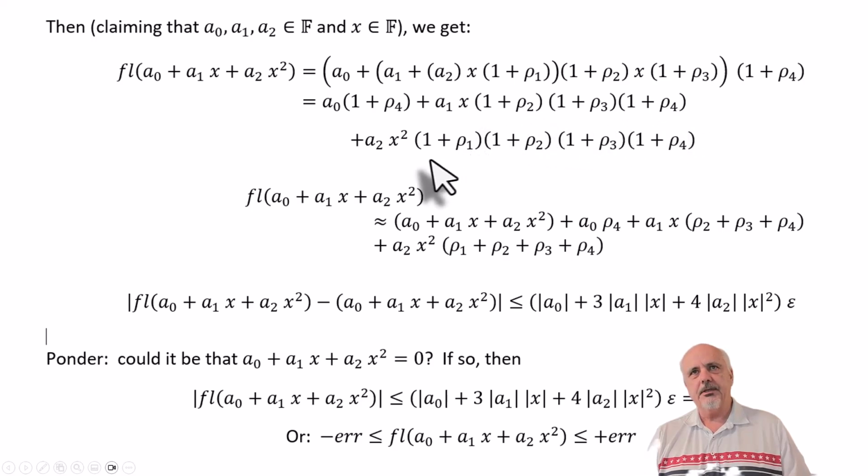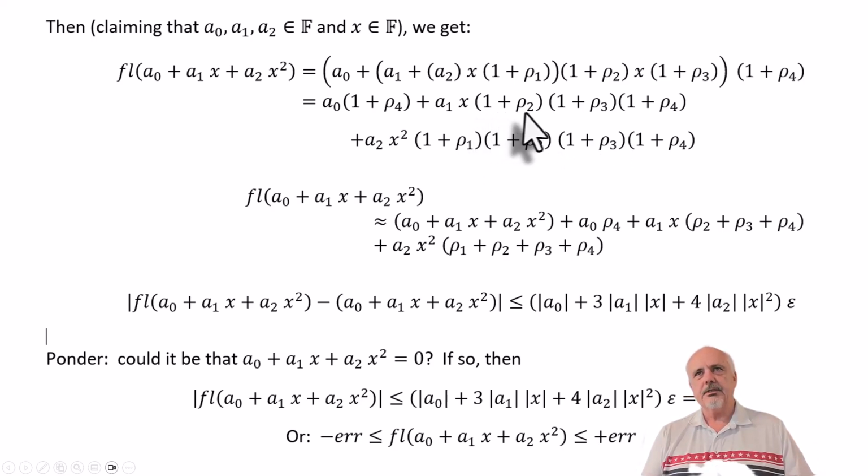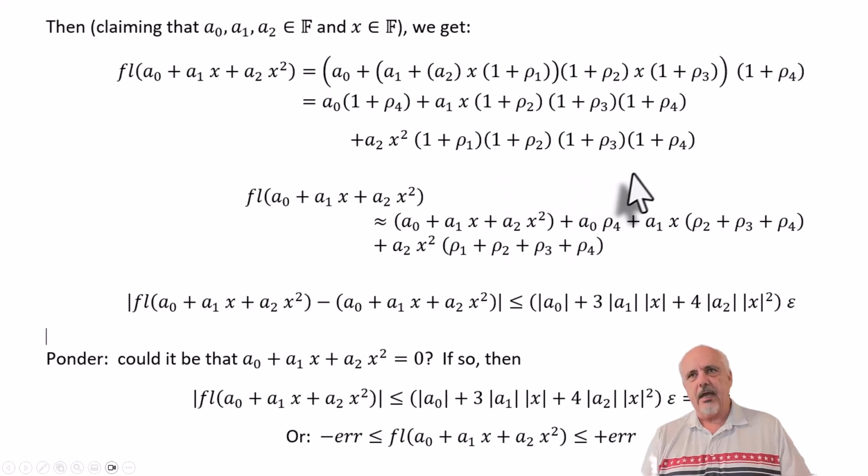All right, so if I were to take all of this and expand those four factors out, and take this and expand these three factors out, then I'm going to be able to neglect the higher order terms and collect the terms that are going to be representing the true value. So there's going to be my true value. And then for the a0, all I'm left with is the row 4.